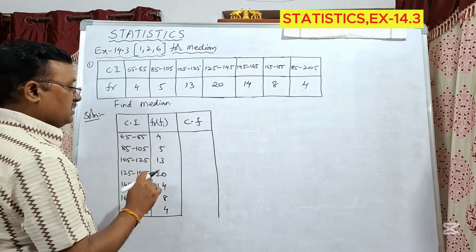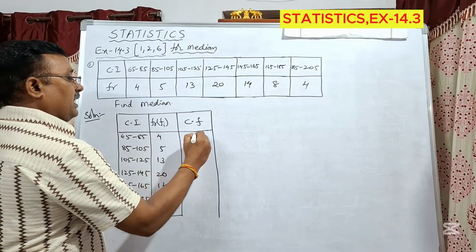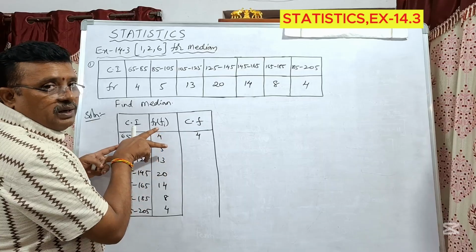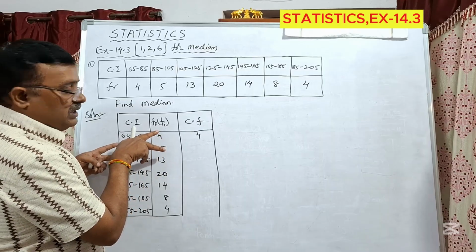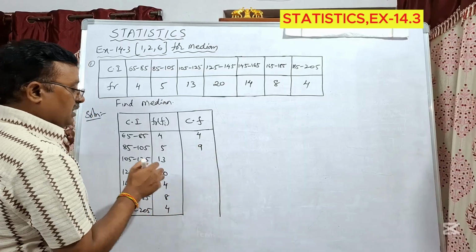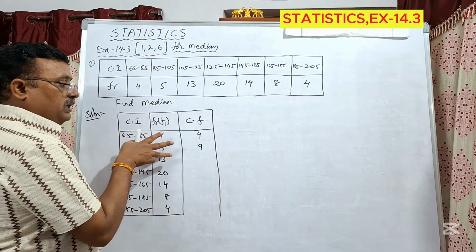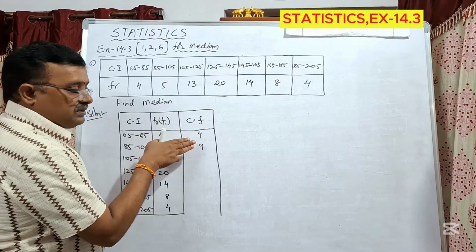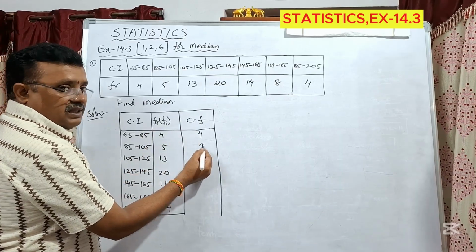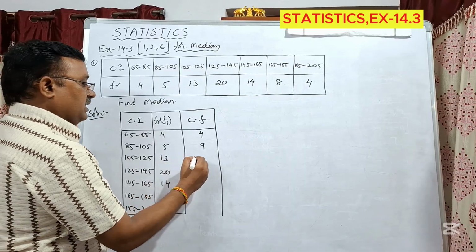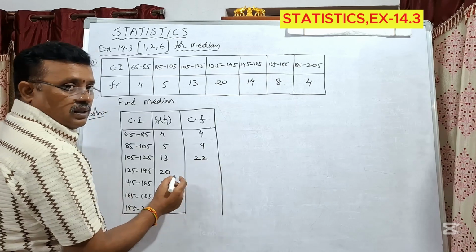Cumulative frequency means the first class interval stays as it is here. Next will become the sum of two frequencies, that means 4 plus 5, that is 9. Next, the third class cumulative frequency will be the sum of 3: the sum of 2 already there, 9, plus the third one, 9 plus 13, that is 22.